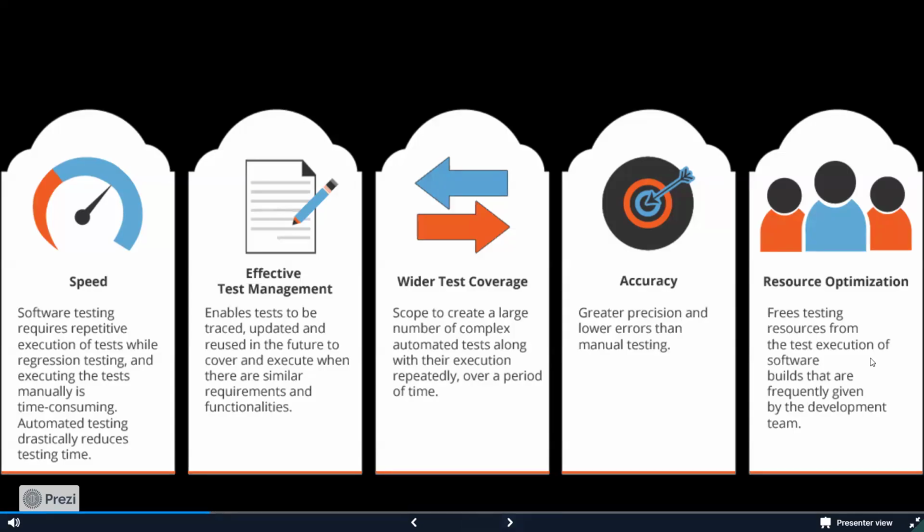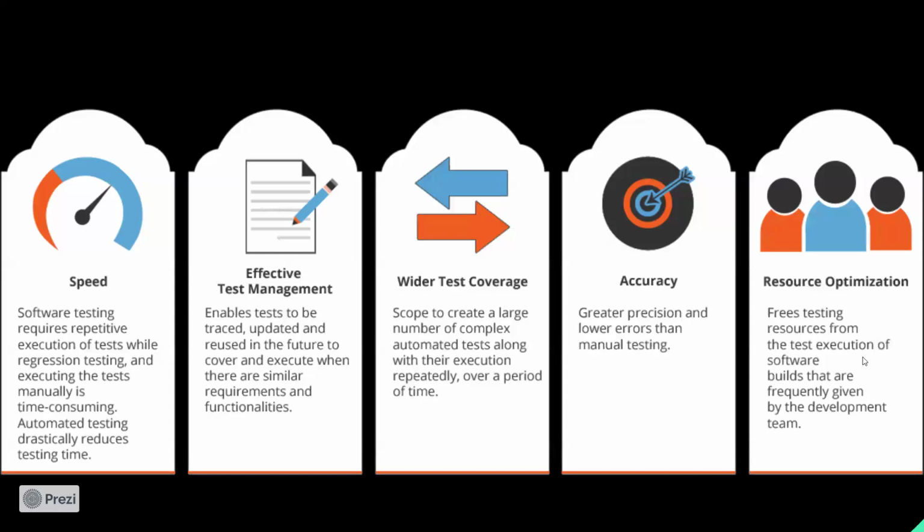Resource optimization frees testing resources from the execution of software builds. What happens when every night you get a build from the developer team stating that they have released a new build? Making ourselves available at midnight is a very bad choice, because one midnight is fine, two midnights still fine, but after that we will be so vexed that we are not in the mood to do overtime, doing the same smoke test all the time.